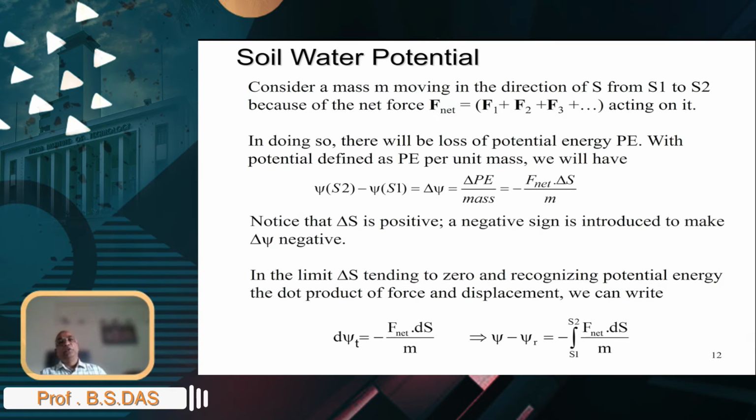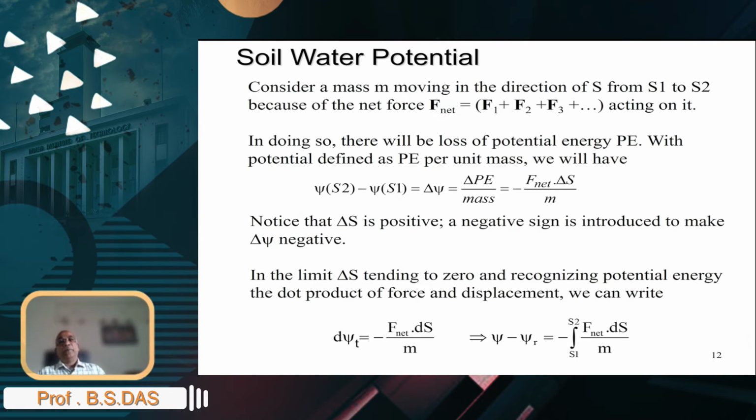In doing so, the potential energy of the water when it was at S1 would decrease to a lower potential energy when it reaches S2, because part of that energy is utilized in doing the work of moving from location S1 to location S2.